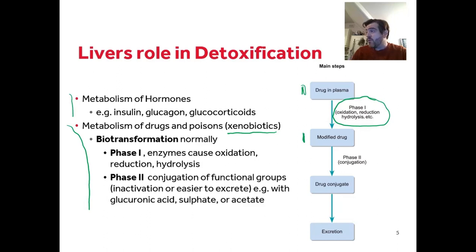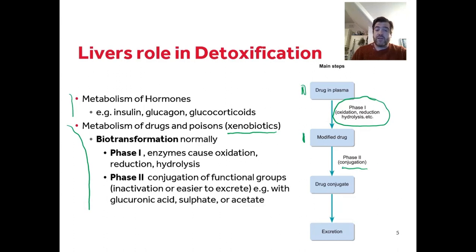In terms of ammonia production, we've already seen that, where ammonia is reacted with to form carbamyl phosphate, which is the modified product, which then undergoes further phase 2 reaction.